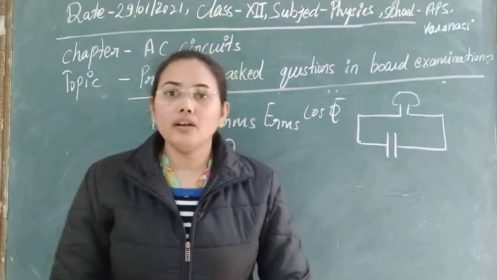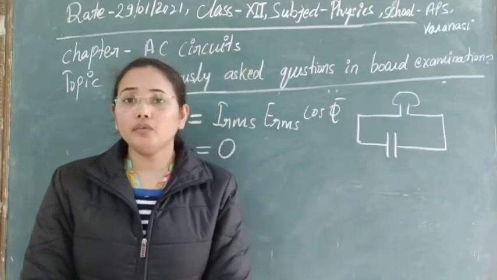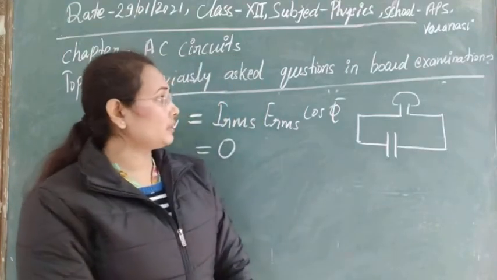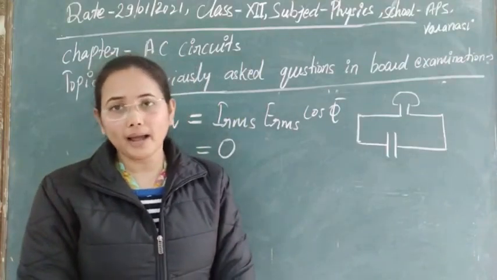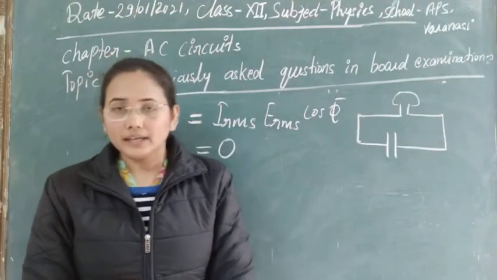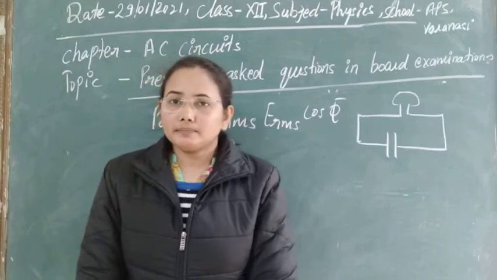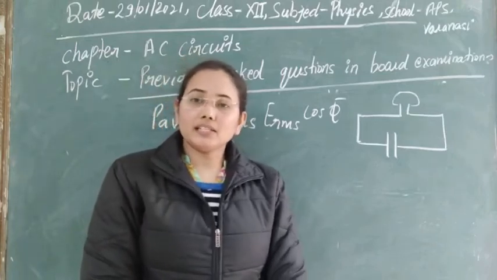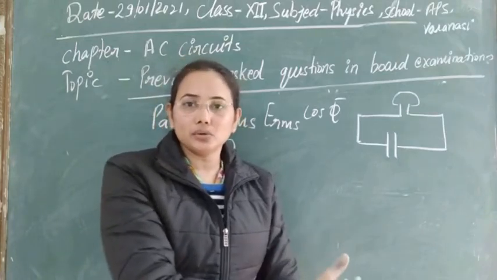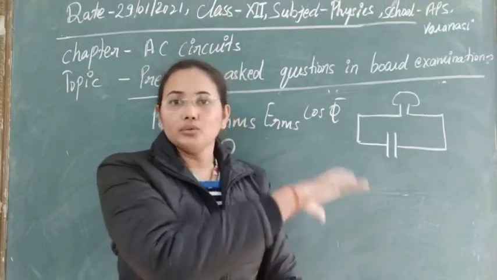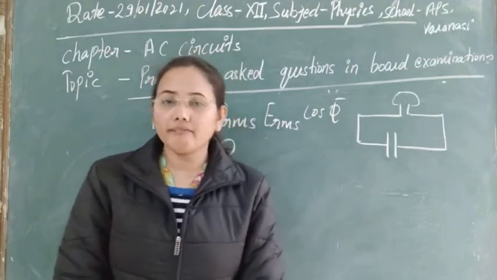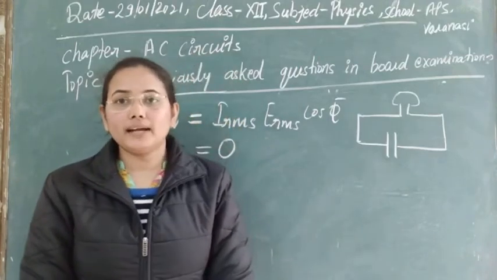First of all, what will be the effect on the bulb or lamp connected with the capacitor, if we apply an AC source or a DC source to this circuit? What will be the effect on the glow of that lamp?